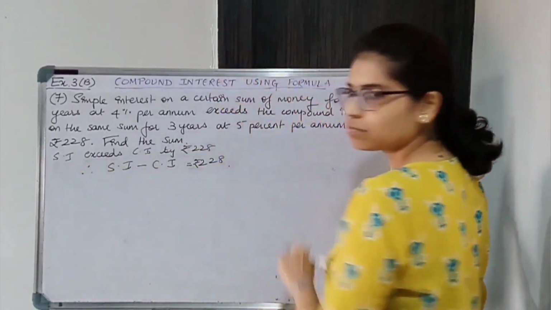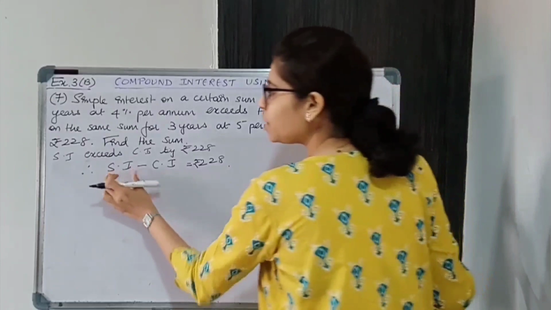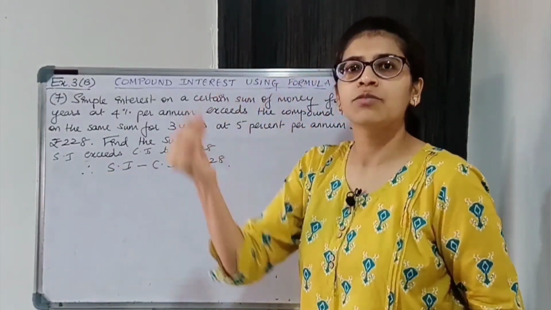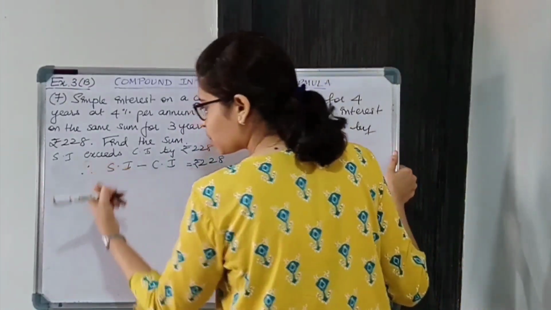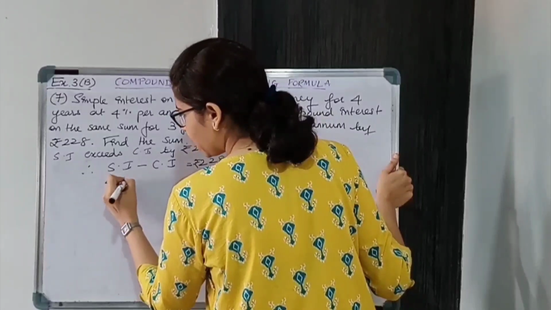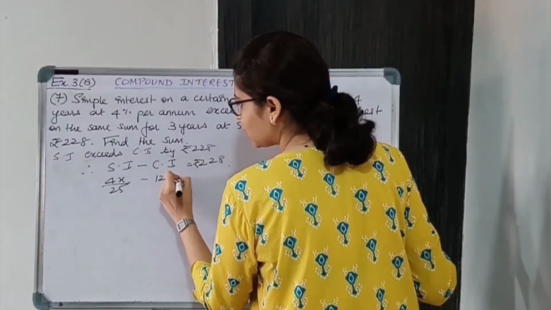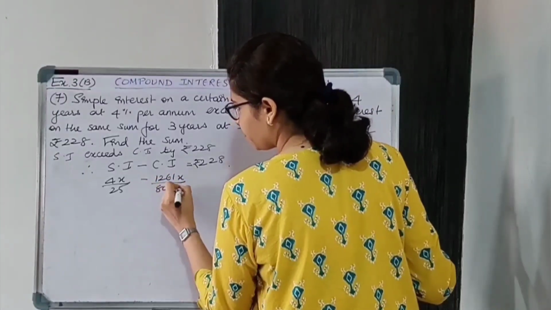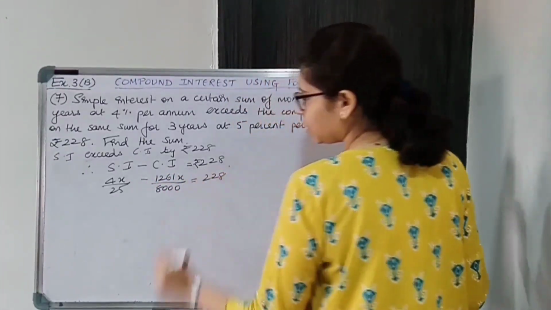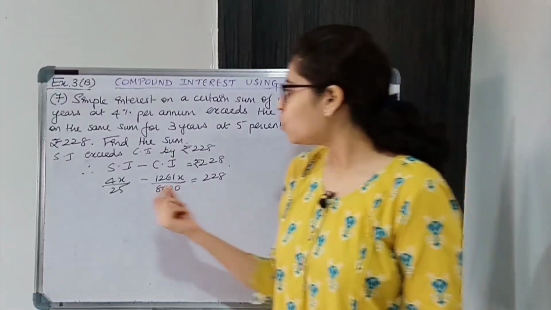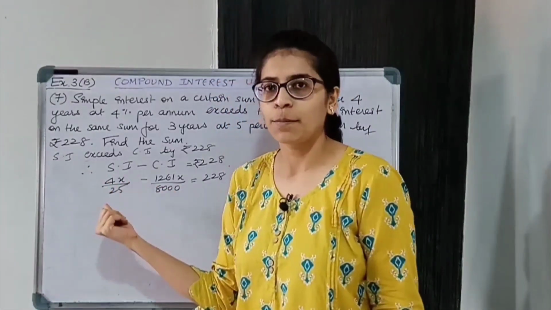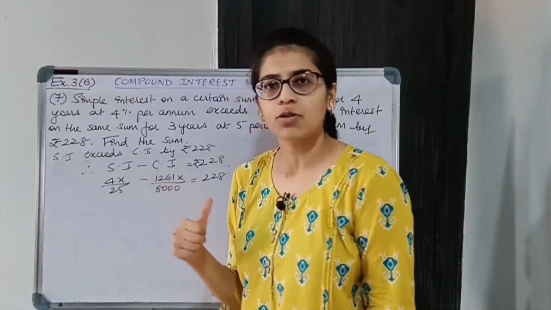So therefore this condition, simple interest and compound interest both we found in terms of x. So just substitute the values. So 4x upon 25 minus 1261x upon 8000 is equal to 228. Now over here again we need to equalize the denominators. So make this 8000.